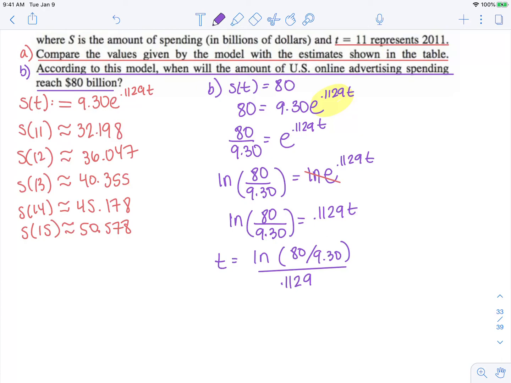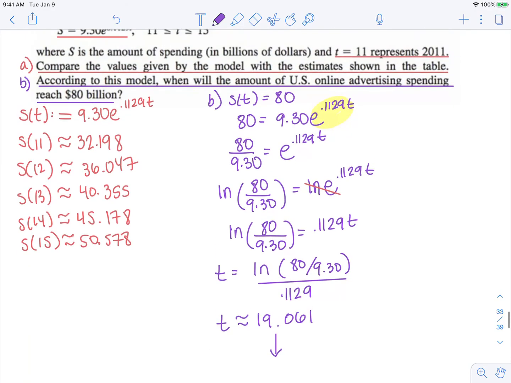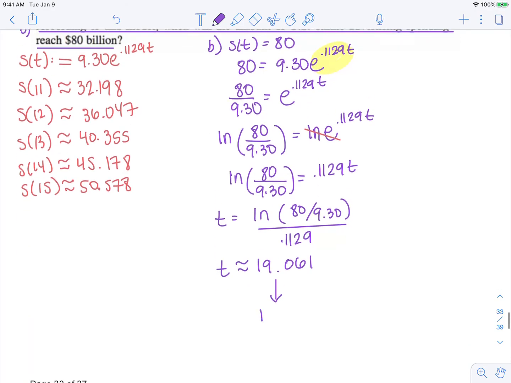Now this is the point where you should plug this in your calculator. t is approximately 19.061. But what year is that? Well, we know t equals 11 is 2011. So this is 11 plus 8.061.